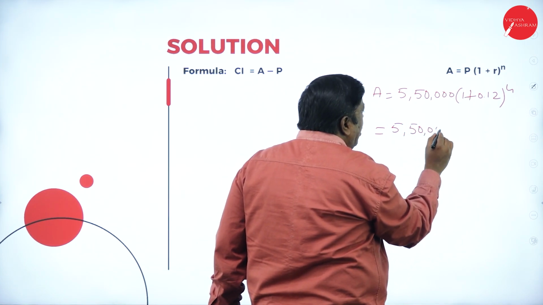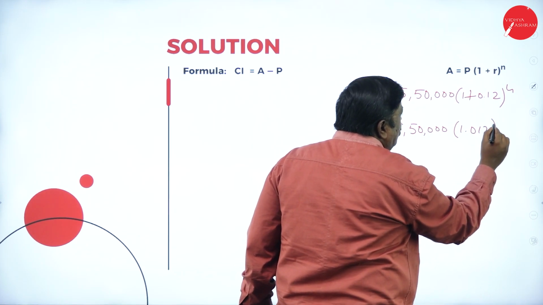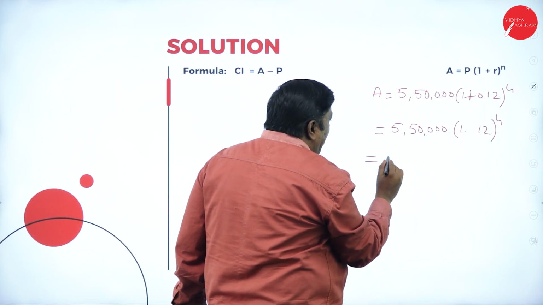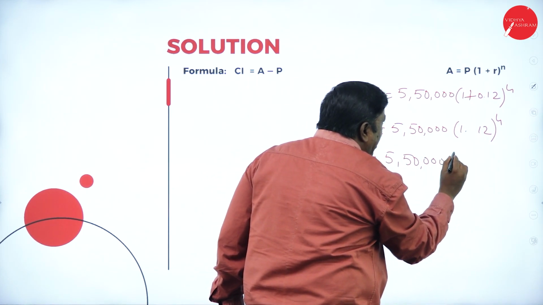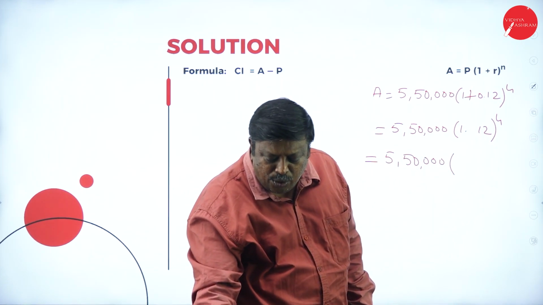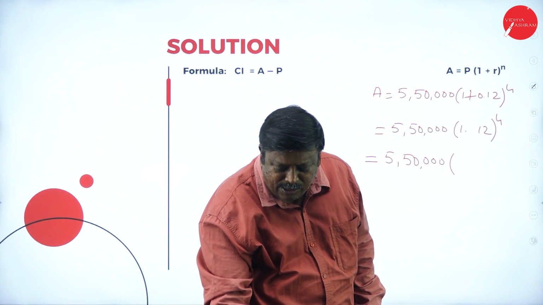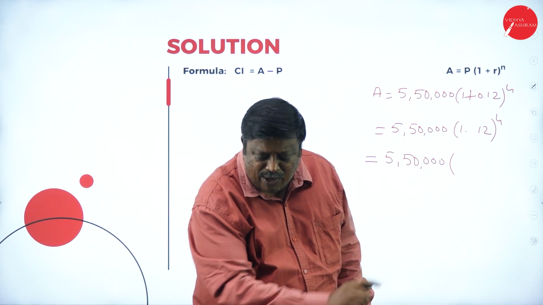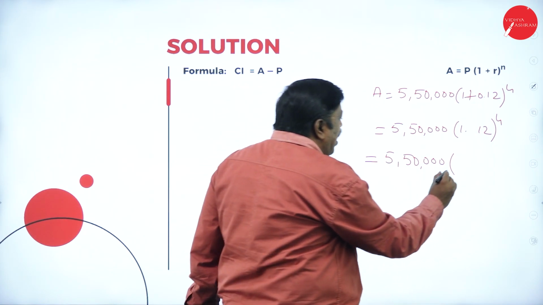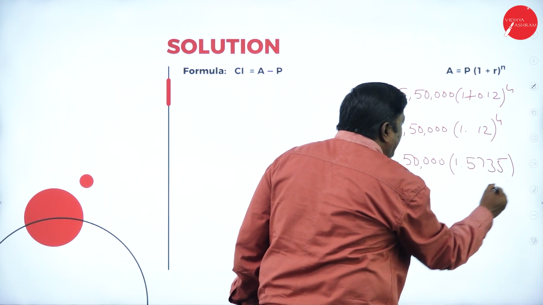So 5,50,000 into 1.12 to the power of 4. 5,50,000 into 1.12 into 1.12 into 1.12 into 1.12, it will be 1.5735.